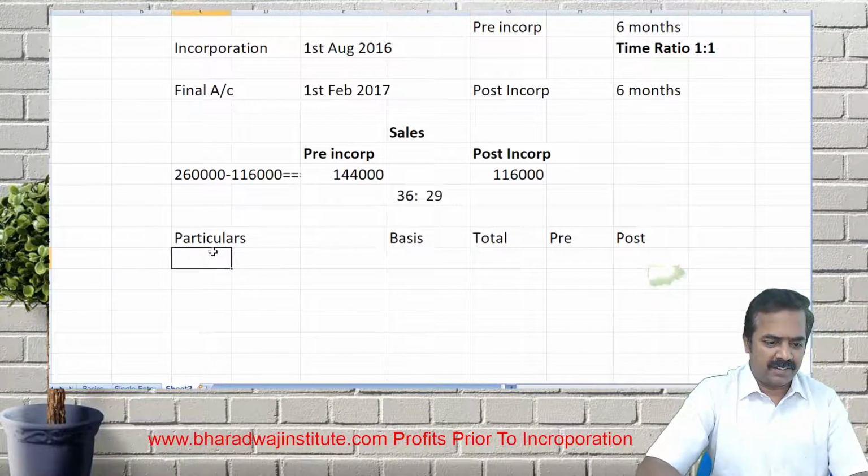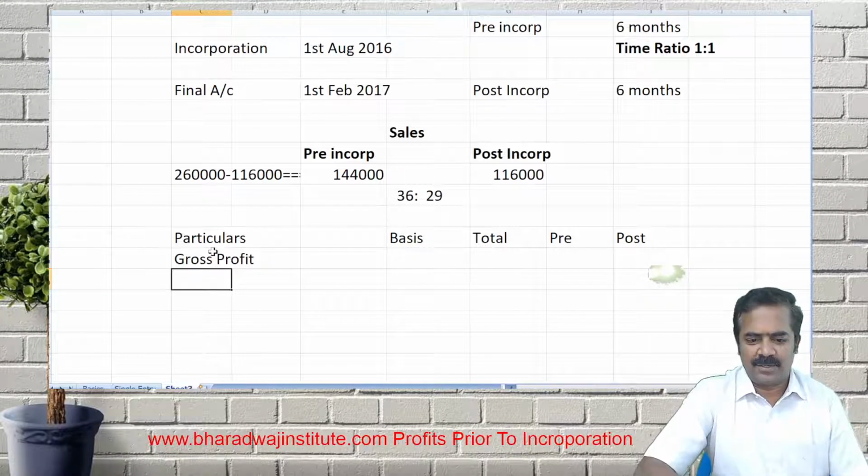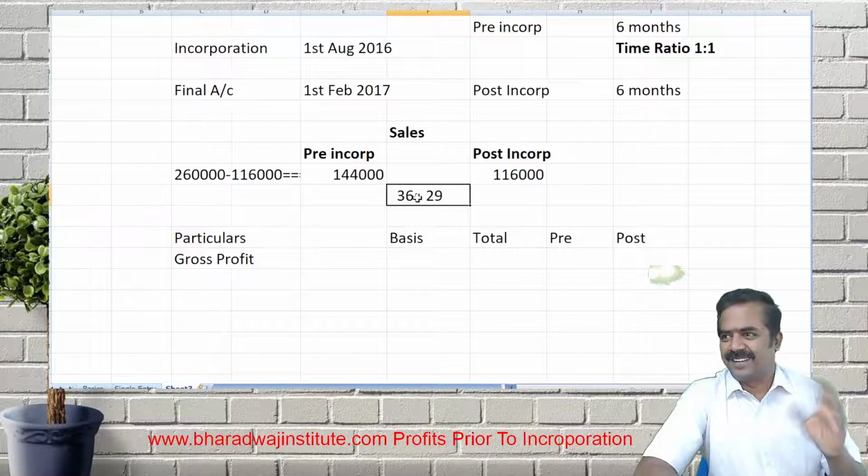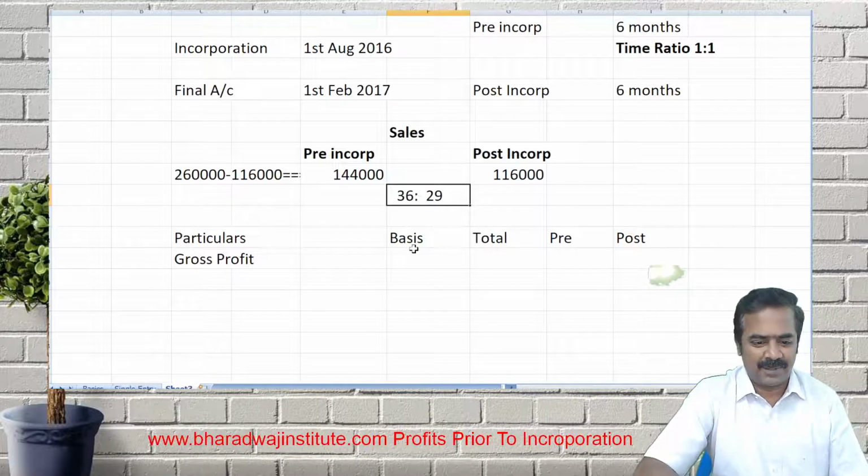Gross profit. Start with gross profit. I hope my answer was wrong. Actually, when I worked it out, I took the reverse. I took 29:36 and worked it out, so that answer came. It is 36.